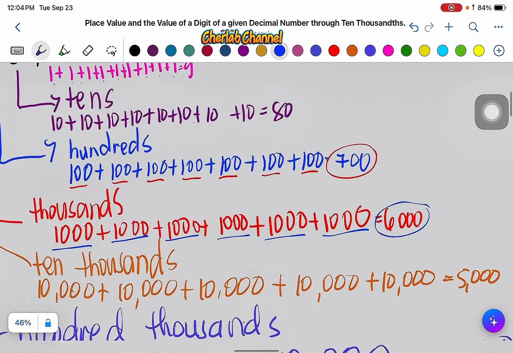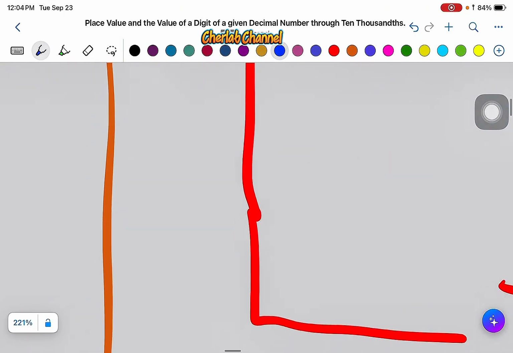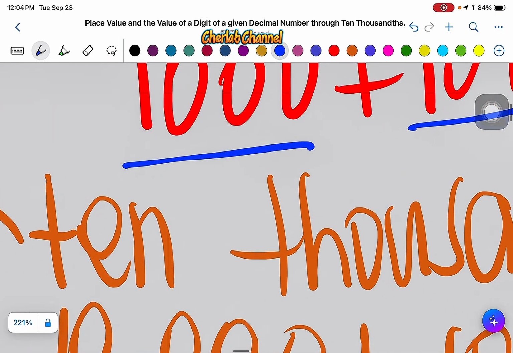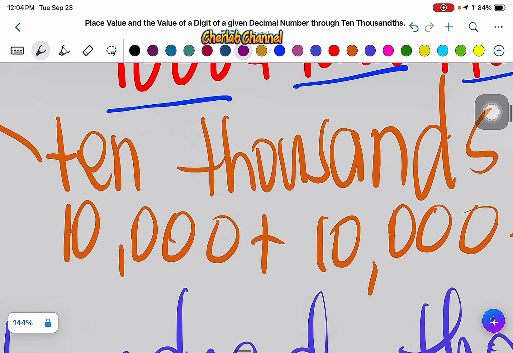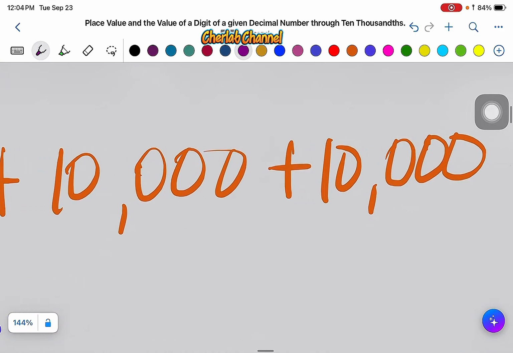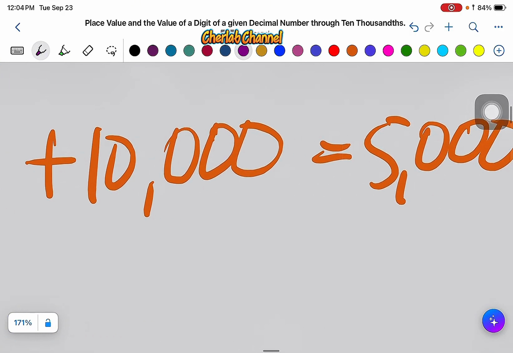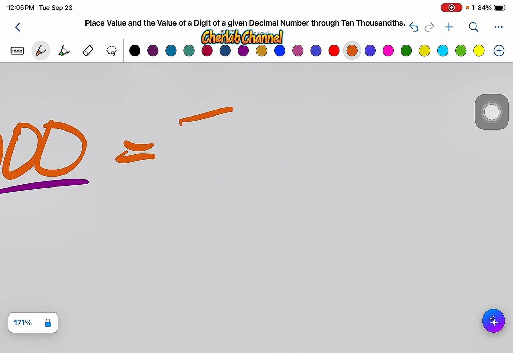And then next, we have 5, which has a place value of 10,000s. Meaning, 5 tig sa 10,000. We have 10,000 plus 10,000 is 20,000, 30,000, 40,000, 50,000. So, 50,000.